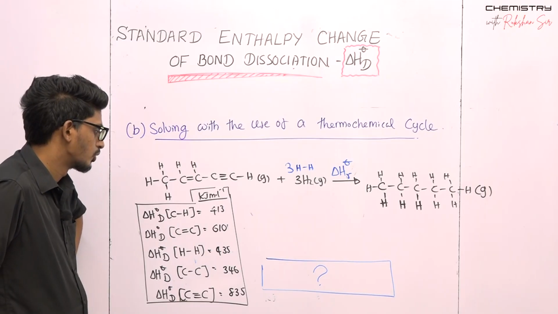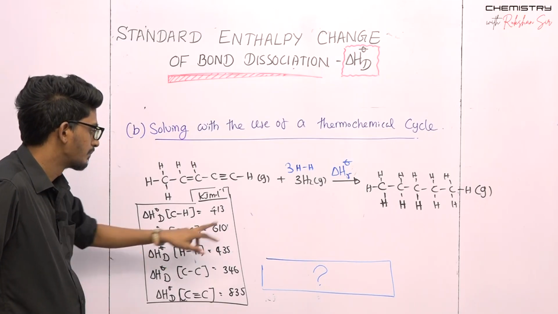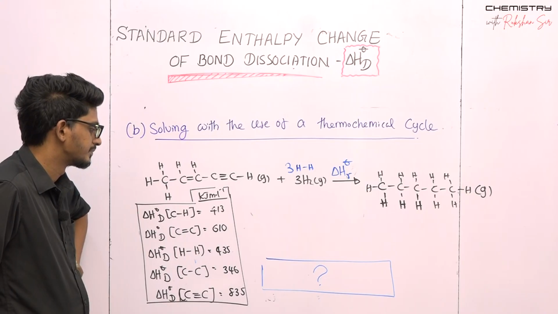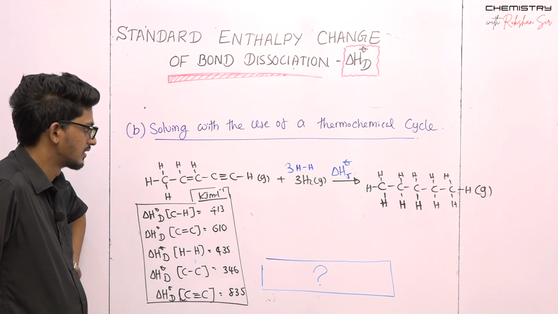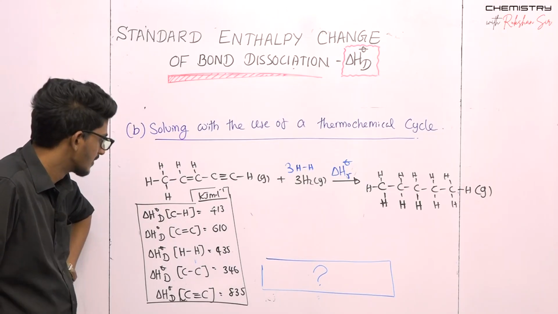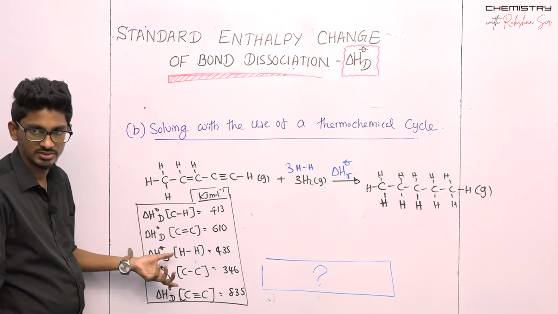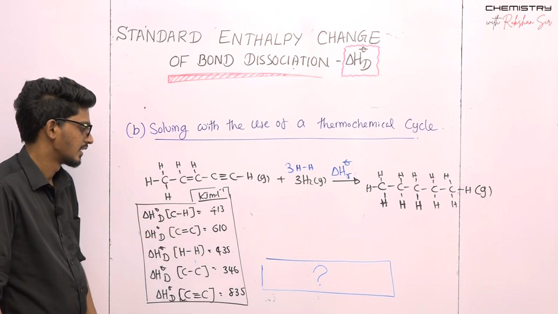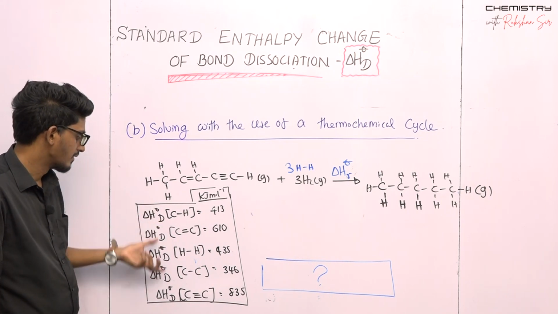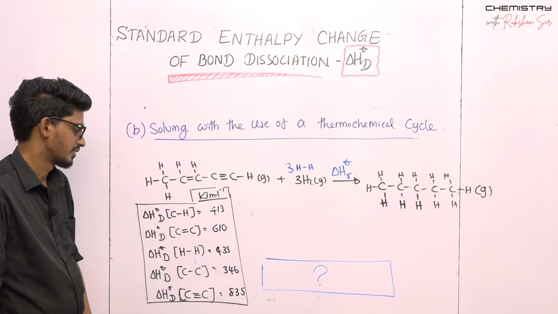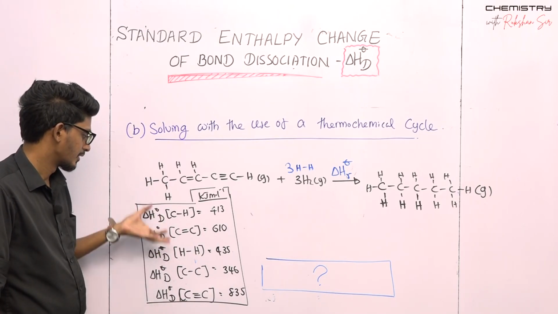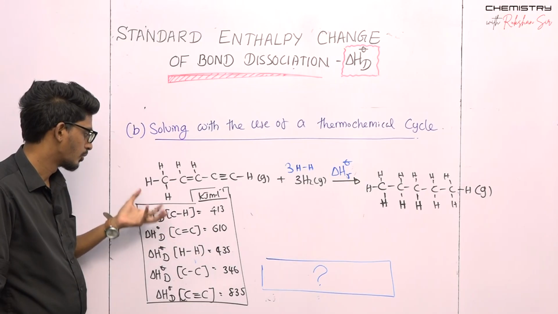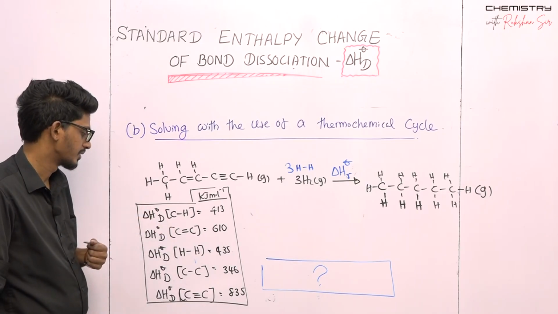So what components should be there at the imaginary state for this cycle? For that, just look at the data given. All the data are given in terms of bond dissociations. Bond dissociations involve the respective compounds as well as the monoatomic gaseous forms.